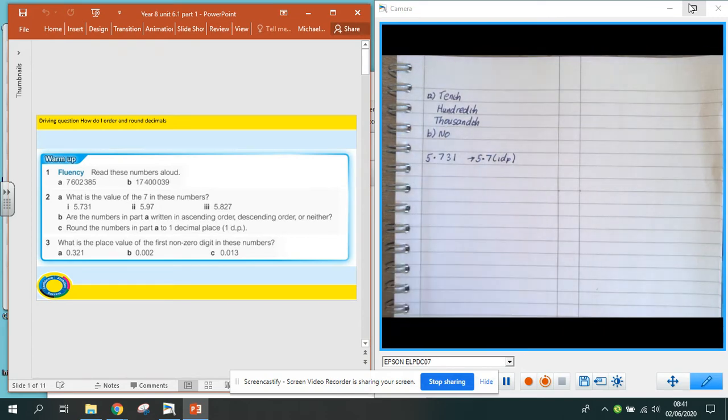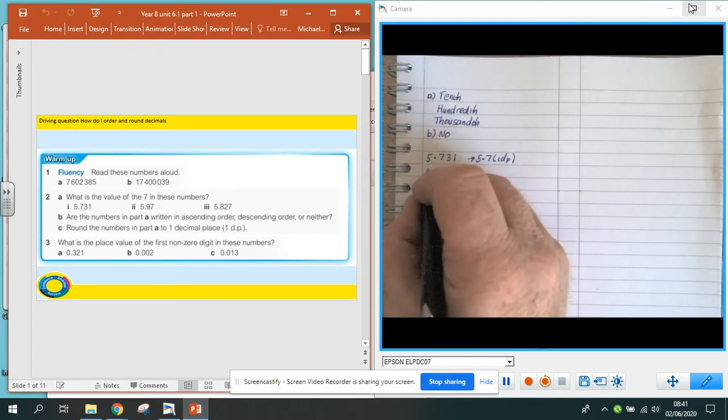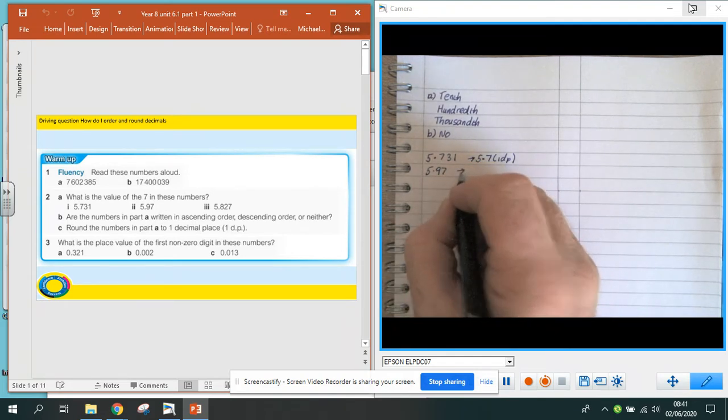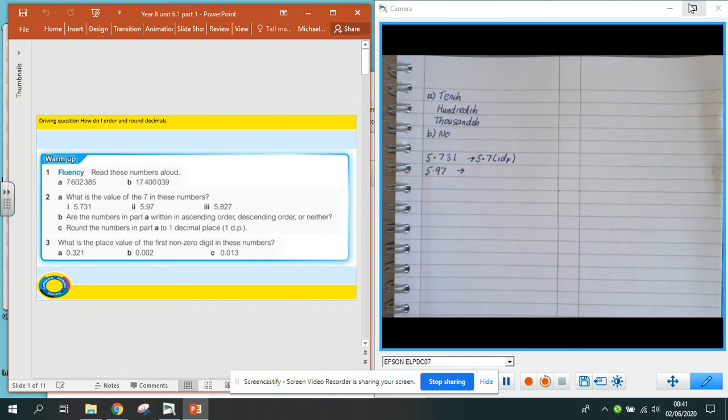My next number, 5.97, to 1 decimal place. Right, so I've got 5.9, I look at my next number, it's a 7, that means I've got to round up. Well, the number that's 1 more than 9 is 10.